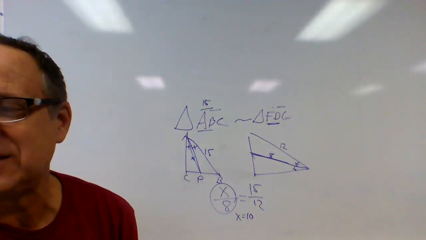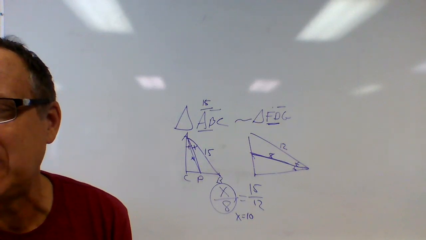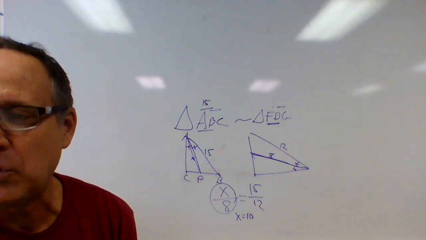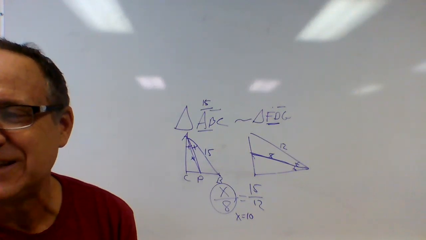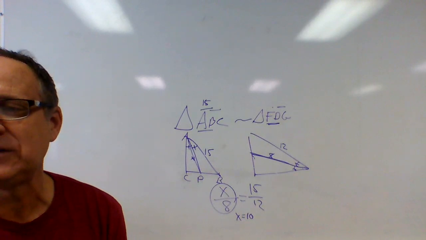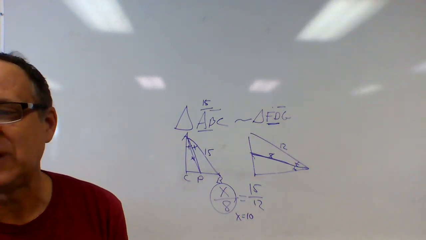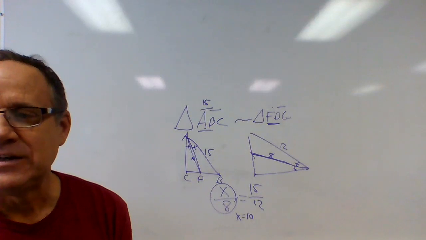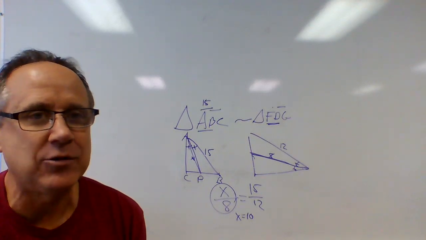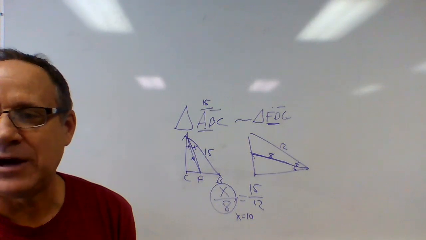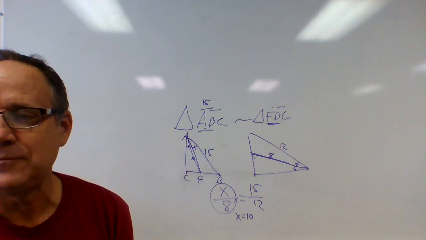An angle bisector in a triangle separates the opposite side into two segments that are proportional to the lengths of the two other sides. So JM is the angle bisector of JKL.